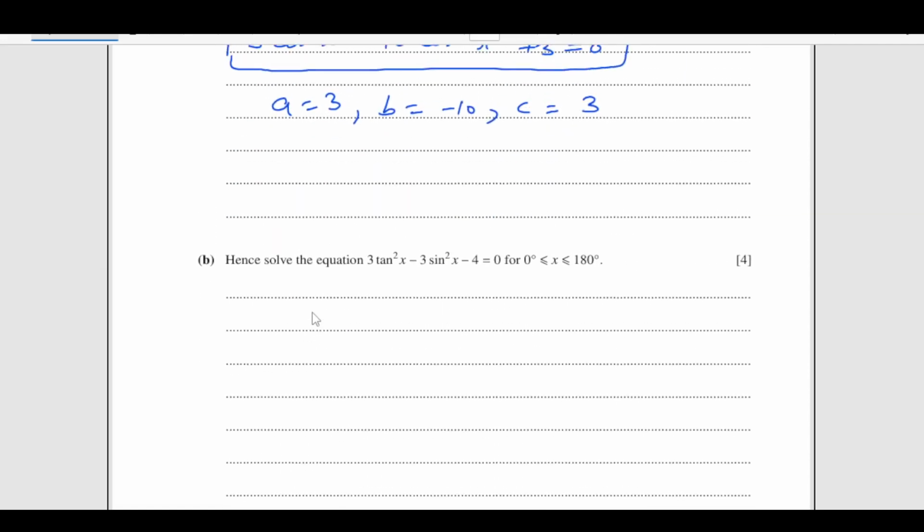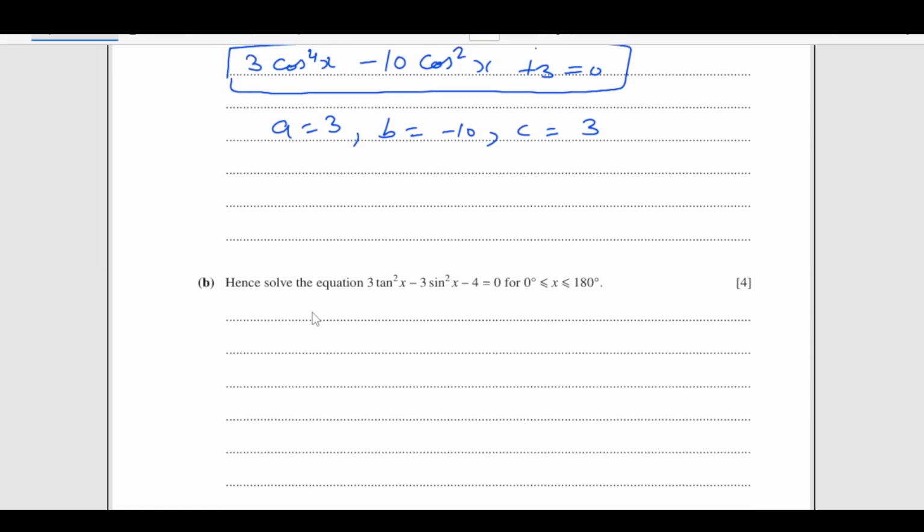Hence means we are going to use the expanded form we can take from here. So this equation is equivalent to 3 cos squared x minus 10 cos squared x plus 3 equals 0, right. So from here, let cos squared x be equal to t. So then this becomes 3t squared minus 10t plus 3 equals 0.